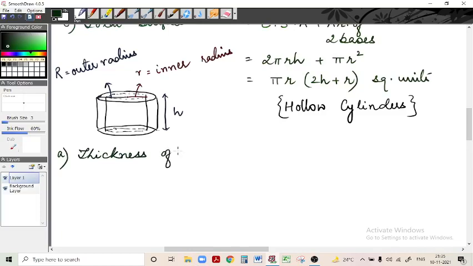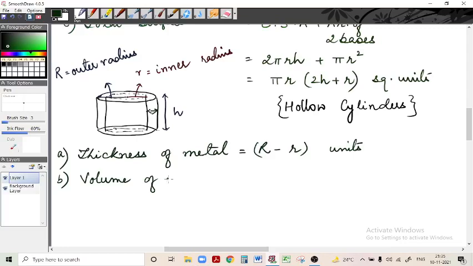So the thickness of metal will be equal to capital R minus r units, right? Next comes volume. Volume of what? Volume of this metal, or material, better, because I don't know whether it is made of metal, stones or plastic. So better we write it as material.